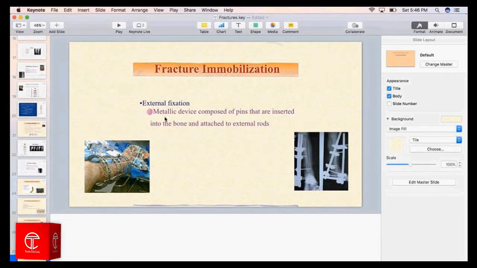Imagine you have a patient with a badly contaminated wound and a fracture. Even after debridement, you may not be able to put a plate or a nail inside, because with a contaminated fracture there will be bacterial contamination and a chance of infection. If you put an implant inside, the bacteria can form a biofilm over the foreign body or metallic implant.